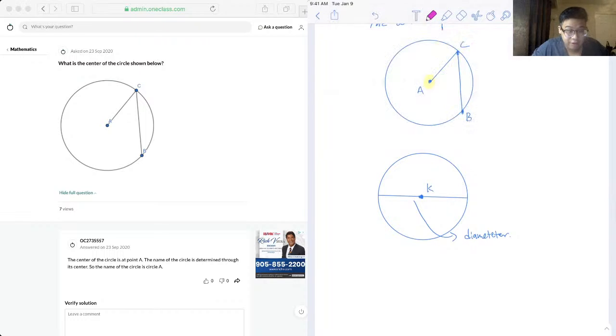Then half of the diameter is what we so-called radius. So in this case, if we have point A and point B, KB will be our radius, and AB will be our diameter.